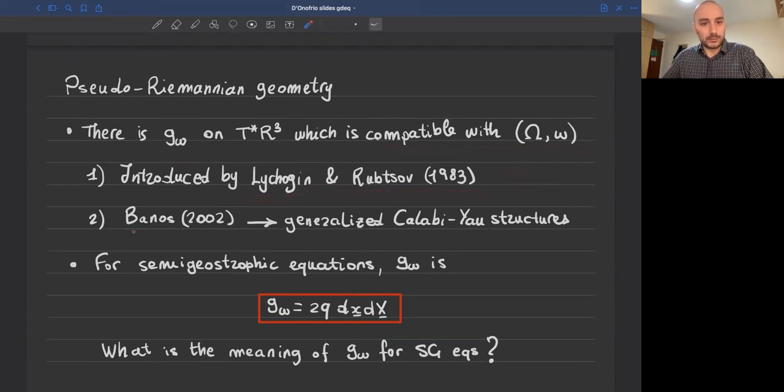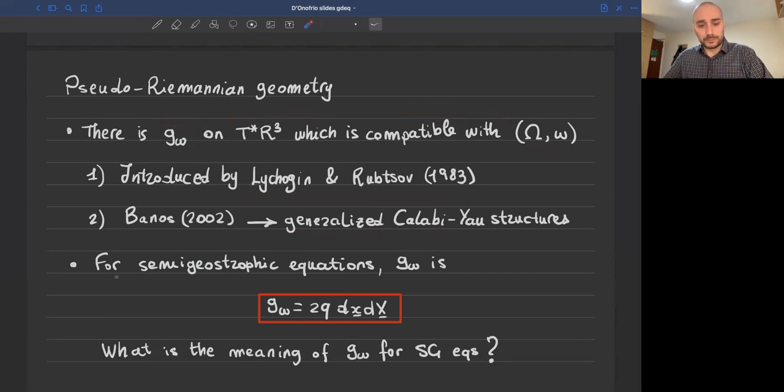And later, Banos recognized that this metric is indeed part of a generalized Calabi-Yau structure. And this is the precise sense in which G omega is compatible with our Monge-Ampère structure. But I'm not going to describe what Calabi-Yau structures or generalized Calabi-Yau structures are.